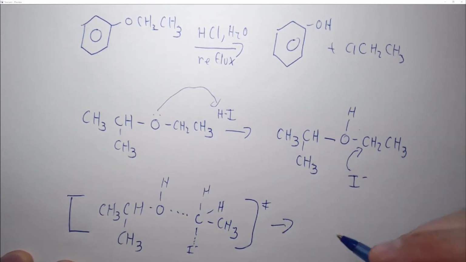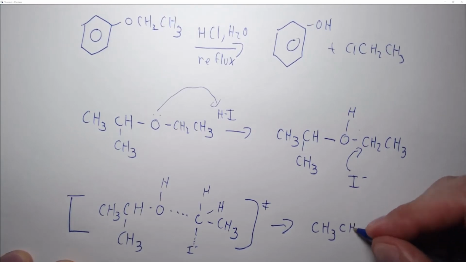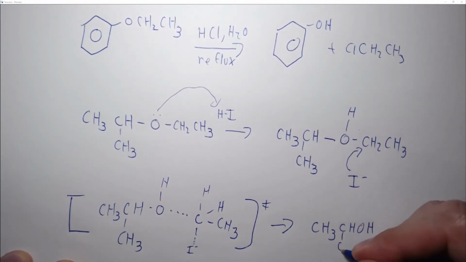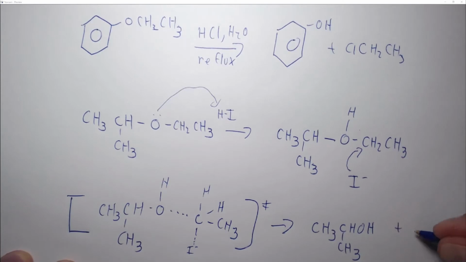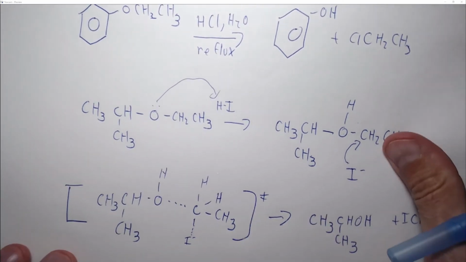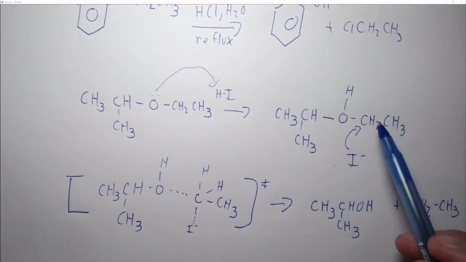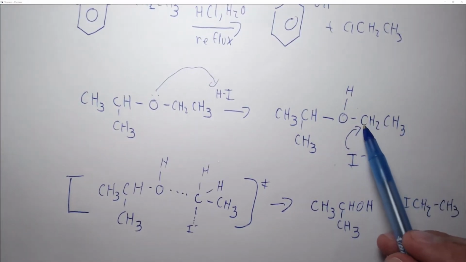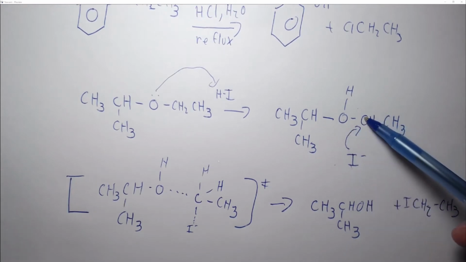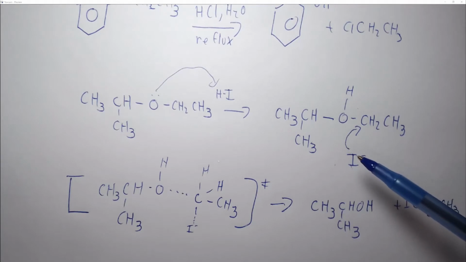When this is all over, what we end up with is CH3, CH, OH, CH3 plus CH2, now attached to an I, and still attached to that CH3 here. So the halogen gets attached to the less hindered carbon because the attack there is easier in this SN2 type mechanism.